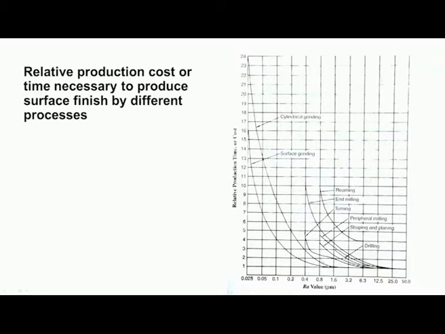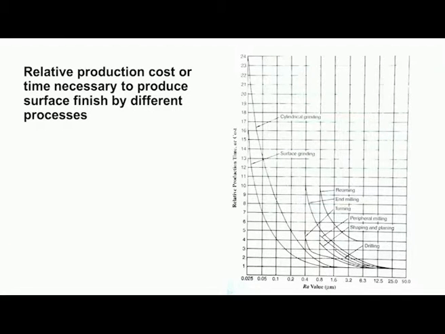Now, whenever we want a roughness value of 0.8 micrometer Ra, this is possible to produce by various machining operations. If it is hole making, we can use drilling operation.